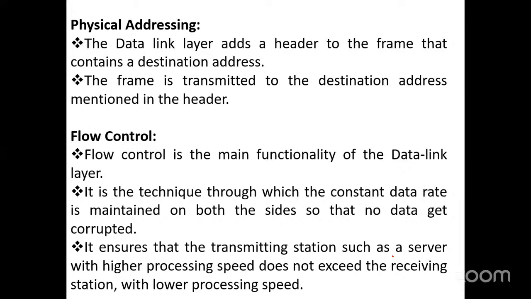It ensures that a transmitting station, such as a server with higher processing speed, doesn't exceed the receiving station with a lower processing speed. So very simple. Here the data link layer, with the help of flow control, is trying to maintain the same speed for the server and clients.